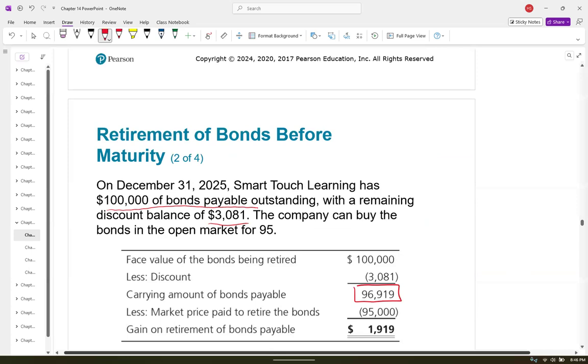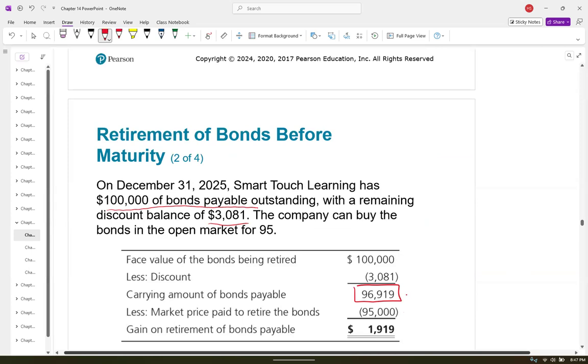But they can go out there and buy their bonds back for $95,000. They're going to retire 96,919 of debt with only $95,000. Who wouldn't do that? They're going to take that gain and run with it. So that's a gain.